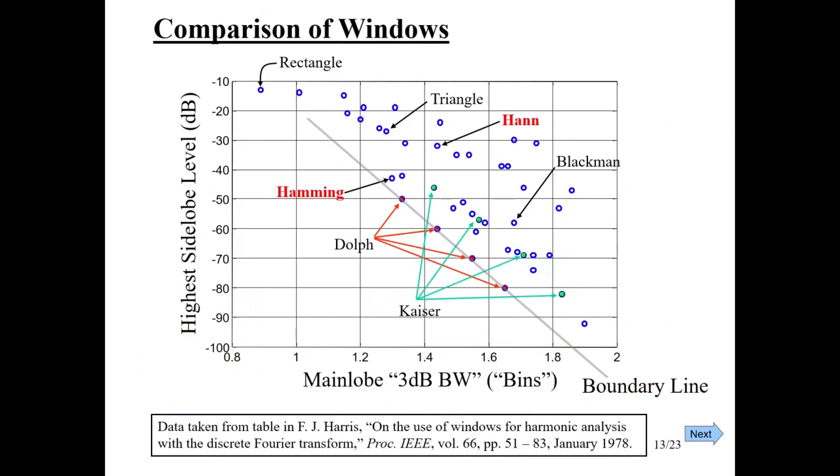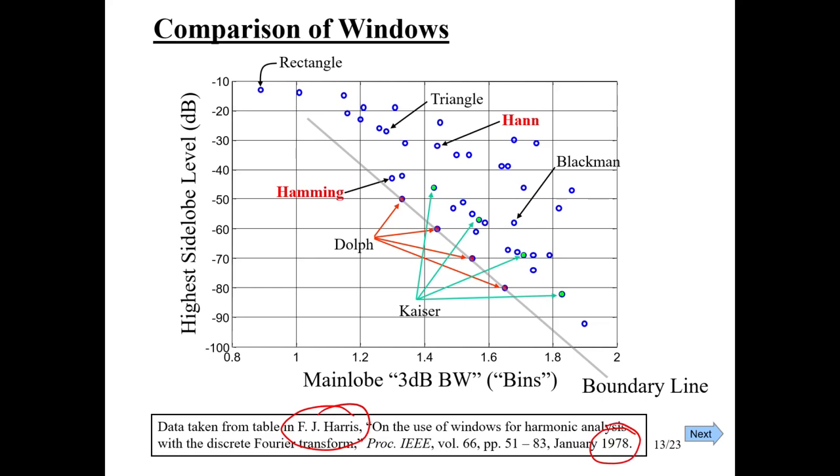Okay, there's lots of other windows. We just looked at Hann and Hamming. And this is a paper by Fred Harris way back in 1978, where he did a very thorough analysis of dozens and dozens of different windows.